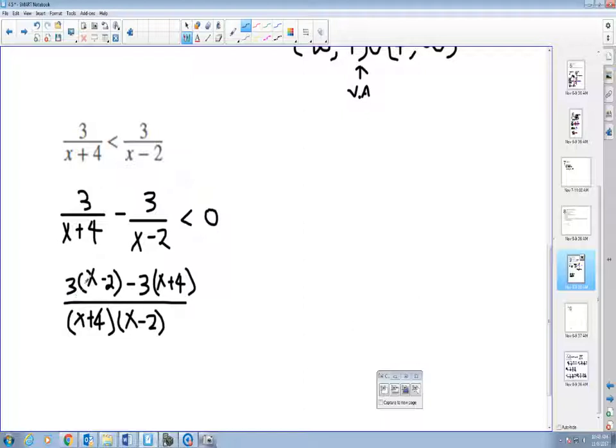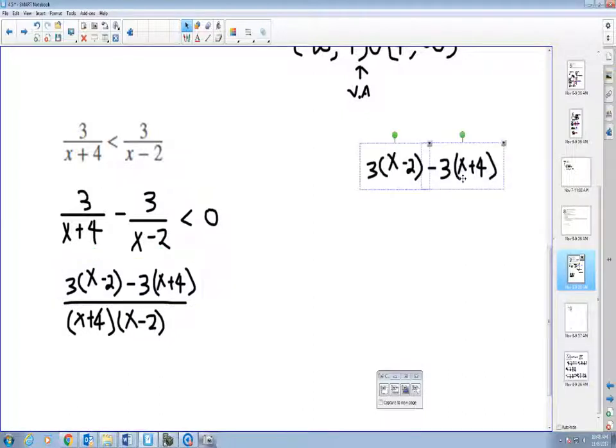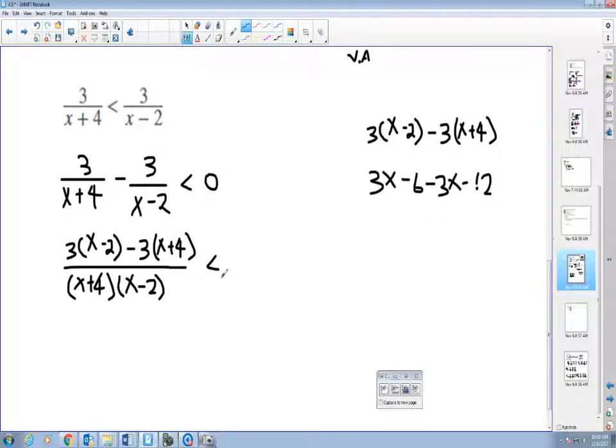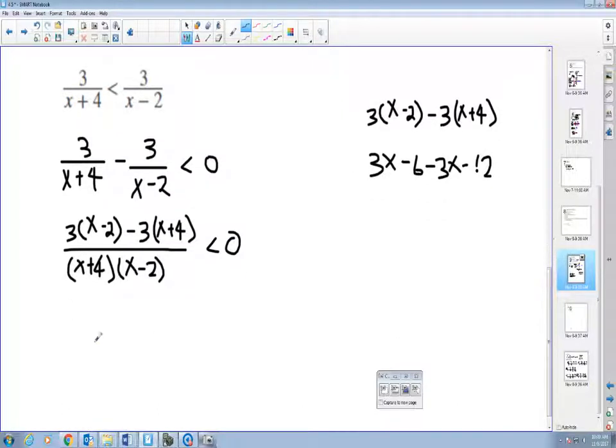So this is gonna be 3 times x, which is 3x. 3 times -2 is -6. -3 times x is -3x. -3 times +4 is -12. 3x minus 3x cancels out. Negative 6 minus 12 is going to be negative 18. So my top will turn out to be negative 18 over x plus 4 times x minus 2.